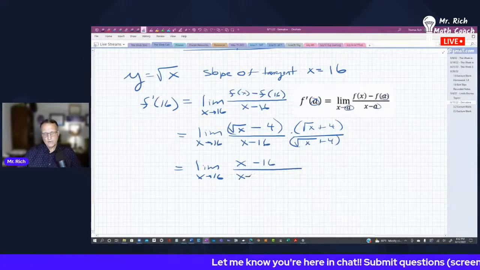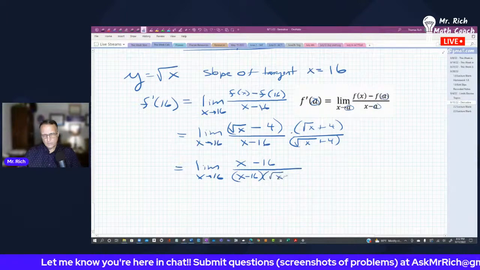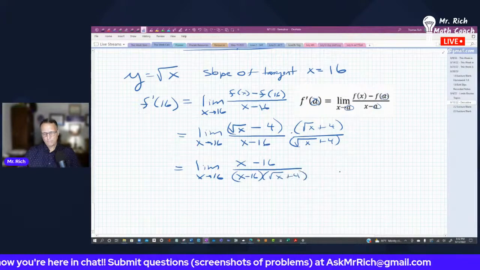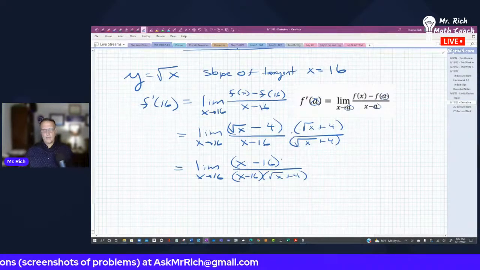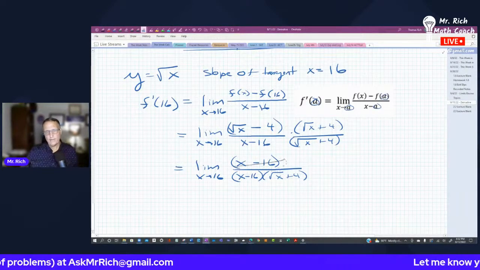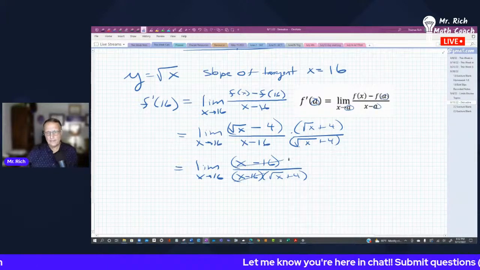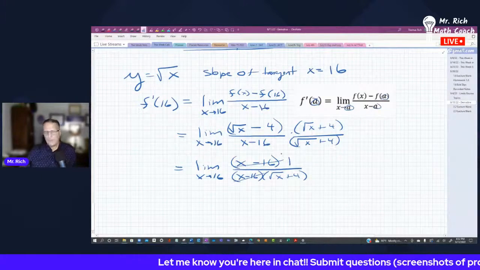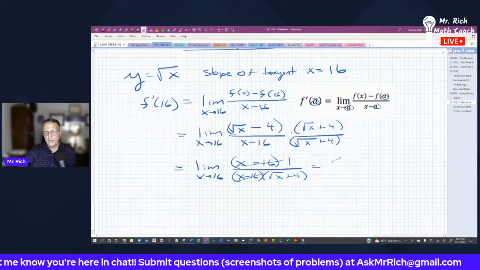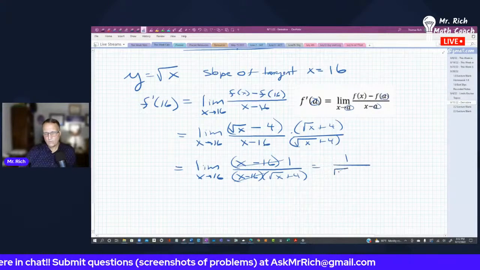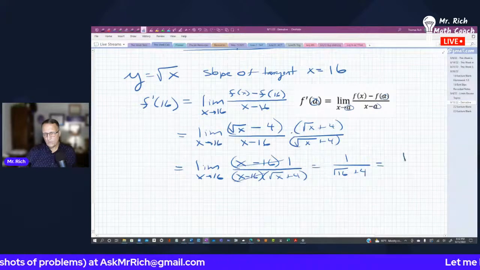Down here, I will have x minus 16 times the square root of x plus 4. Well, look what happens. From that conjugate product right there, I have x minus 16 canceling that x minus 16, leaving me a factor of 1 on the top. I can plug 16 in now, and I get 1 over the square root of 16 plus 4, or 1 over 8.